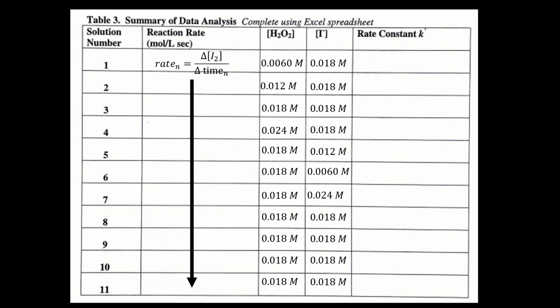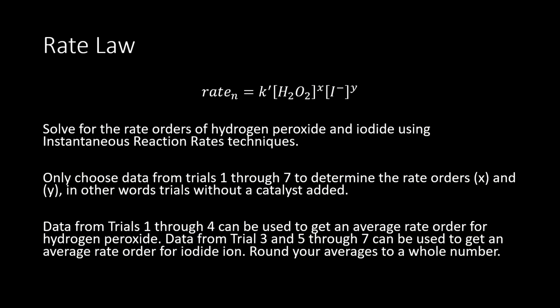Now at this point, we can't yet calculate the rate constant, as we've done with instantaneous reaction rates. Going into our procedure, we have a connection between k prime, our rate, and our hydrogen peroxide and iodide anion concentrations, which is the rate law using them.